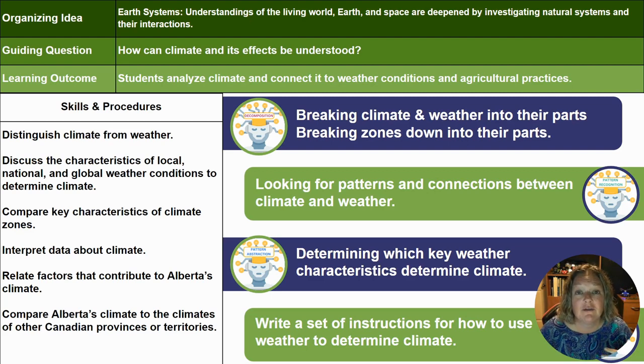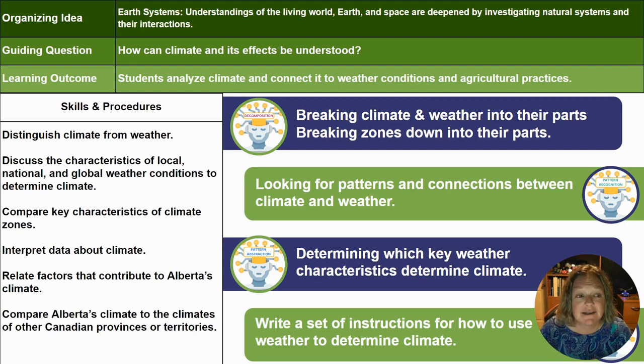So these are all very specific content, specific skills and procedures, but we have opportunities when we're teaching these to students and working through them to also bring in computational thinking, like is here on this slide.